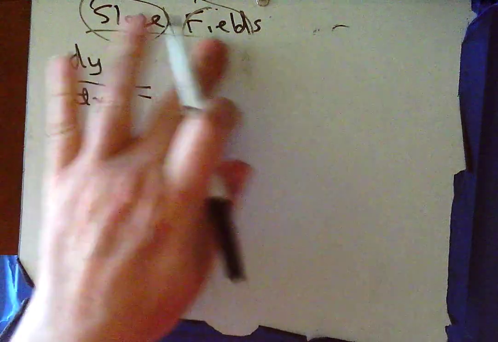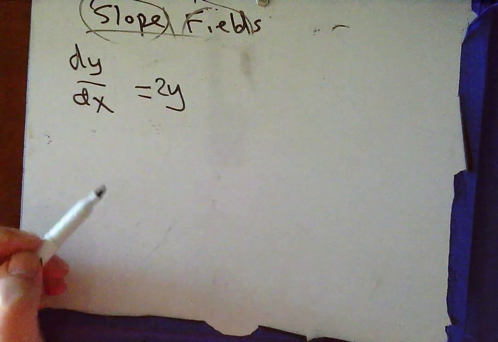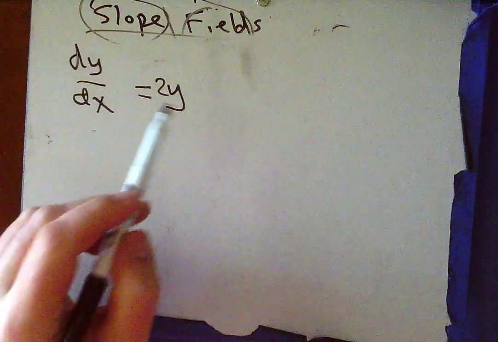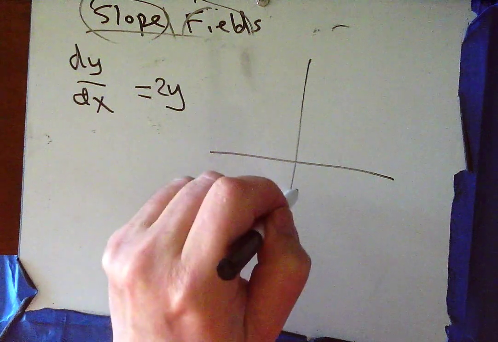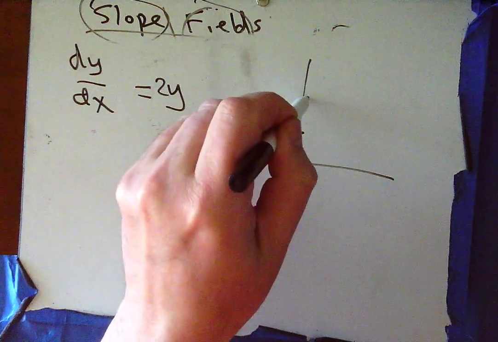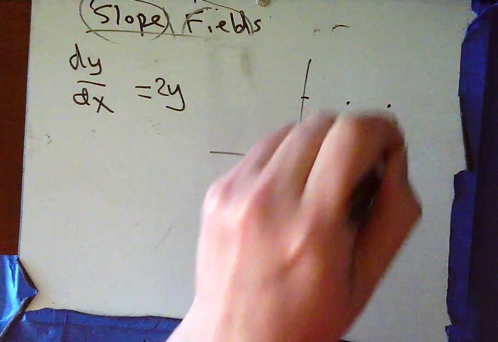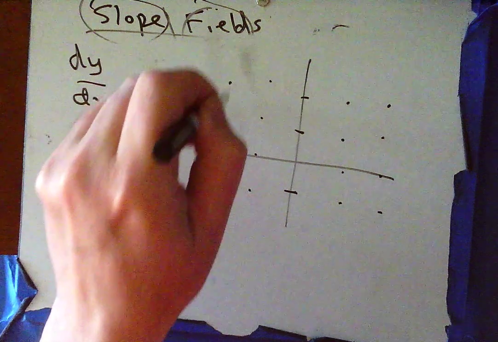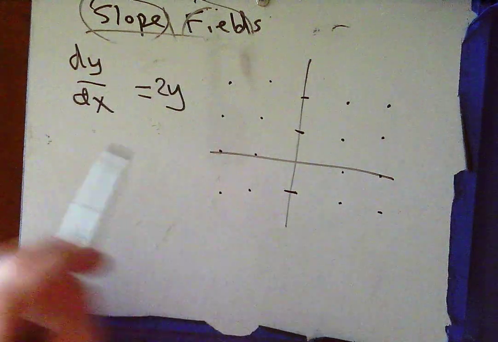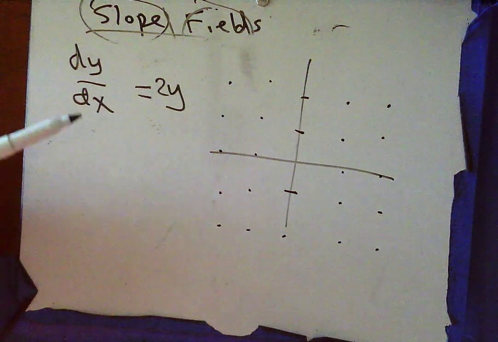How about this last one? How about dy dx equals 2y? Okay, dy dx equals 2y, and I've got a little slope field here. There we go.